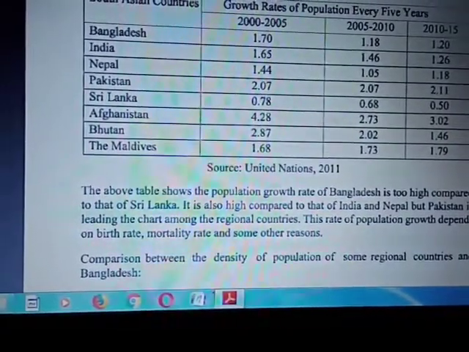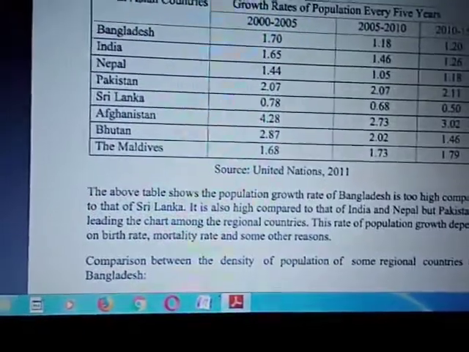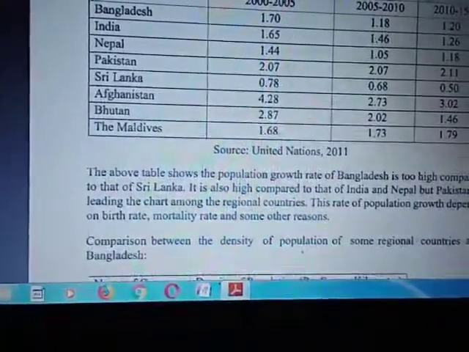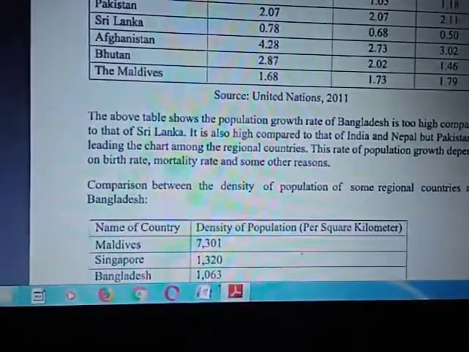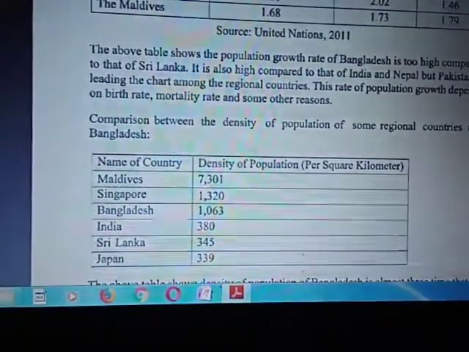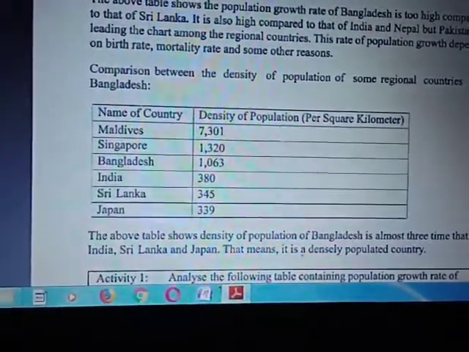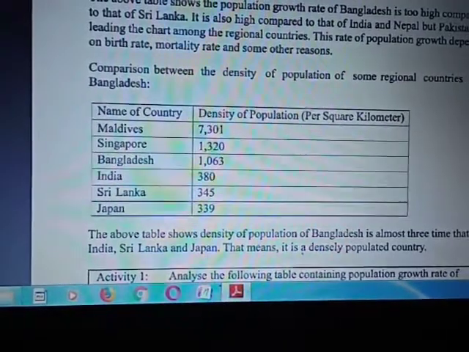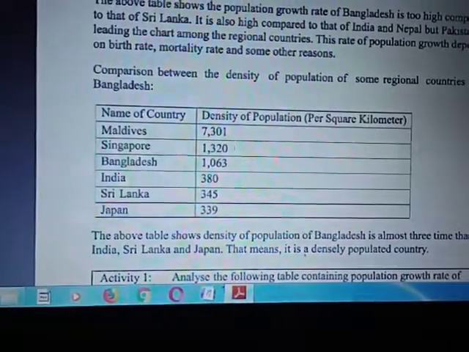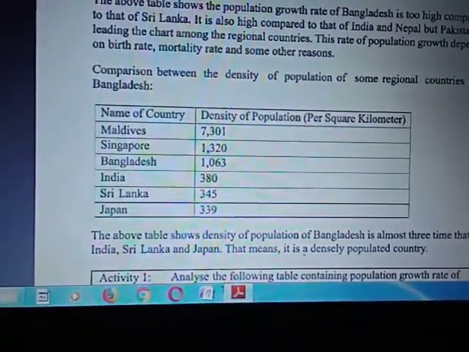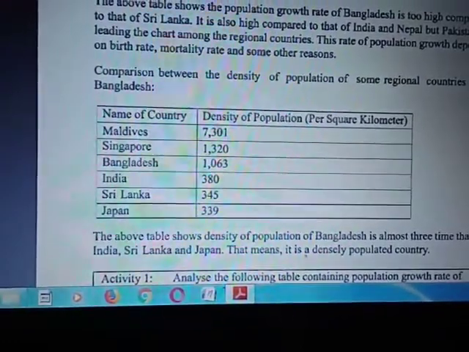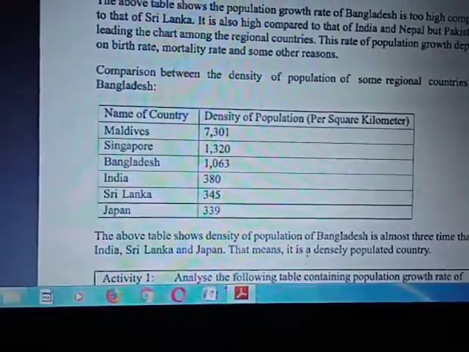Compare the growth rates of various regional neighbors of Bangladesh. The table shows the population growth rate of Bangladesh is too high compared to that of Sri Lanka. It is high compared to India and Nepal, but Pakistan is leading the chart among the regional countries.